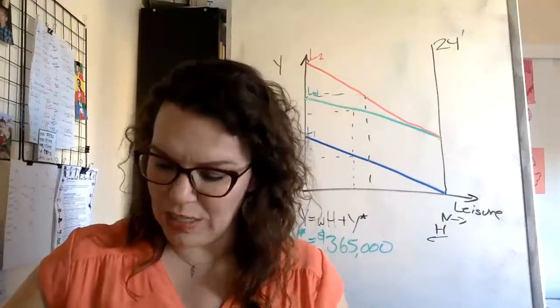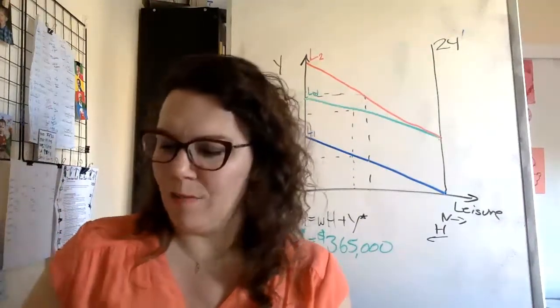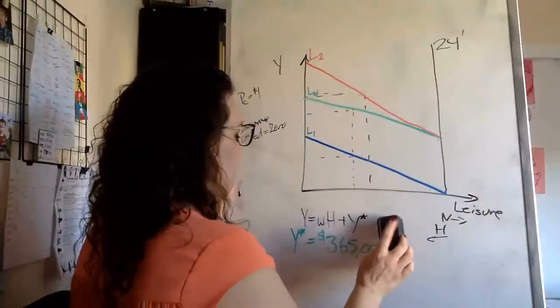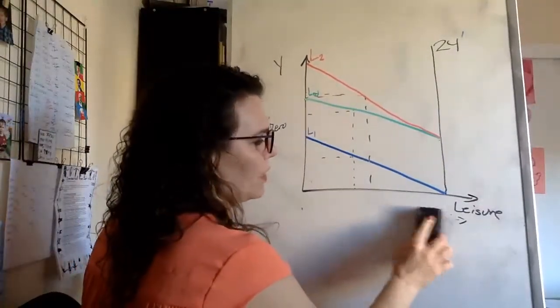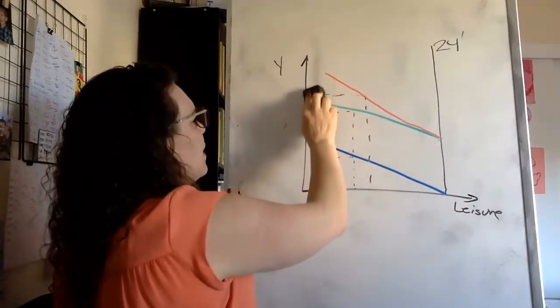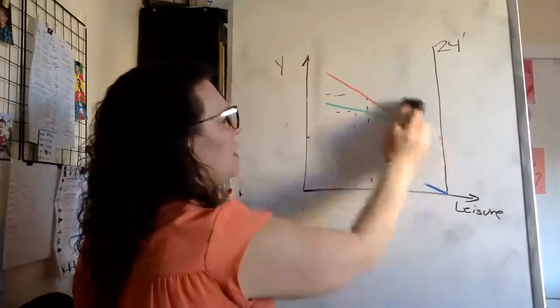Number 14 looks at a similar situation, but now we want to look at the effect of different ways of subsidizing childcare for an individual. And this gets at one of the big questions in the book.